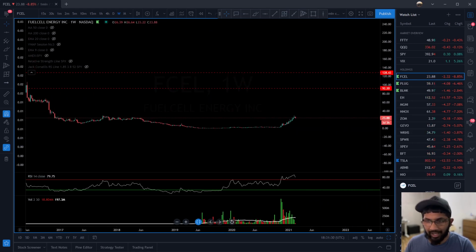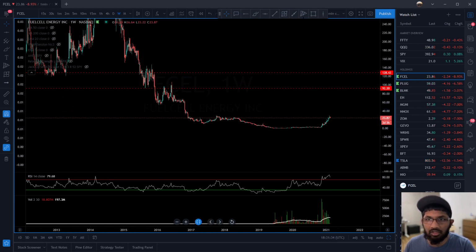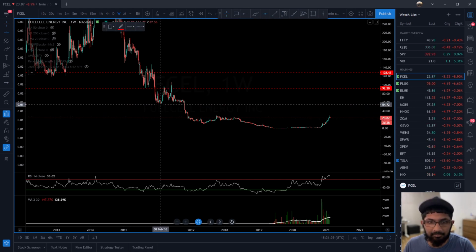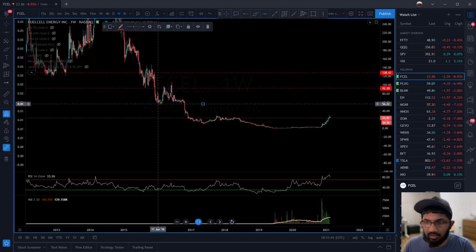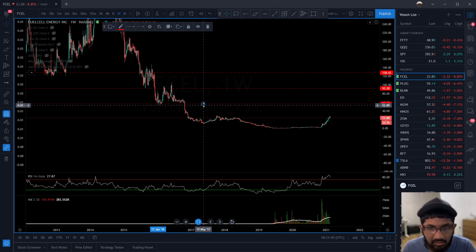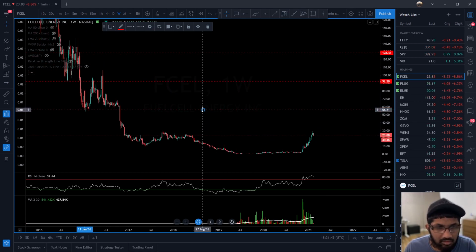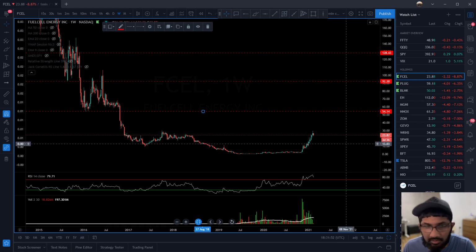But whilst we're at that 23 range, the closer resistance is probably the one down here. Where is that? That's about 56, maybe a little bit lower. Here we go, that's about 54 right now.